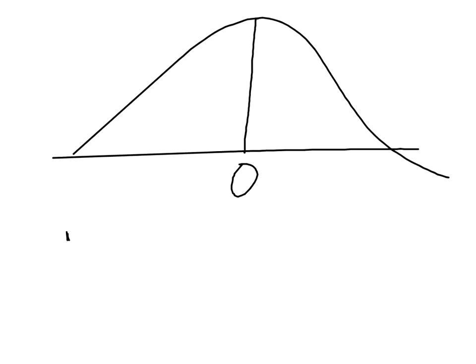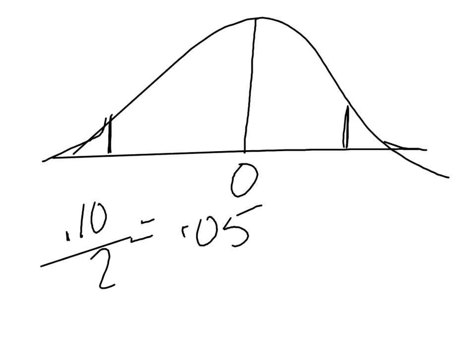So what we want to do is take 10% or 0.10, and cut it into the right and left tail. Always draw a picture. Since we've got two tails, we have to divide by 2, and that turns out to be 0.05.